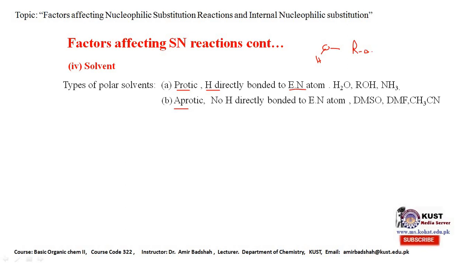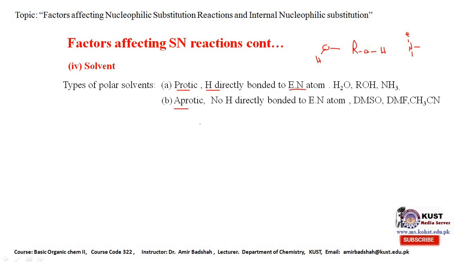Here hydrogen is also bonded to a more electronegative atom. And similarly in the case of ammonia, hydrogen is also bonded to a more electronegative atom. So these are polar protic solvents, because here hydrogen is bonded to a more electronegative atom.